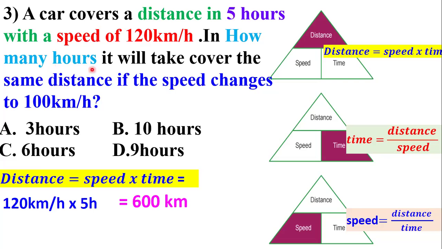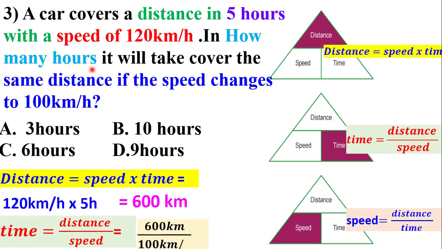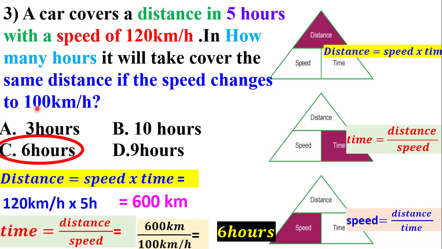Time is distance over speed, so 600 over 100 kilometers per hour, which is 6 hours. Done. Therefore, the answer is C, which is 6 hours.